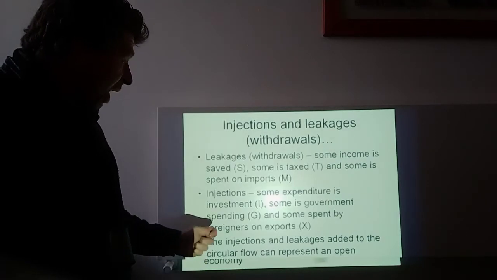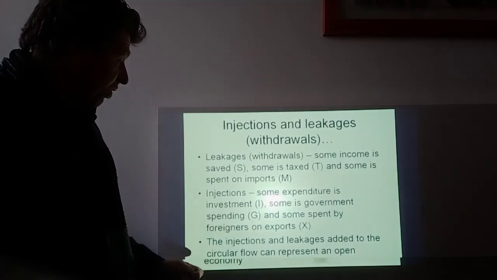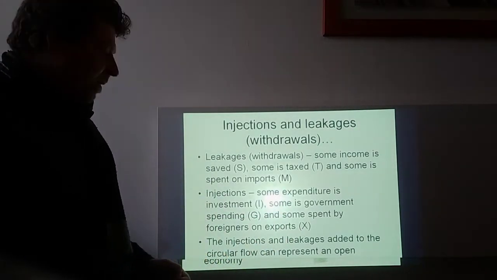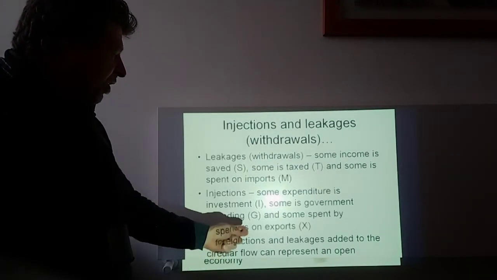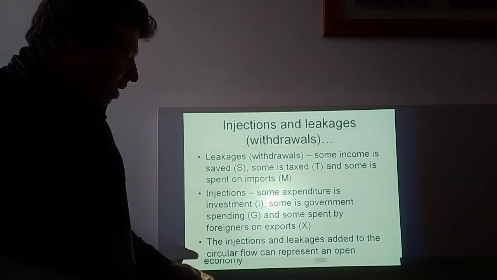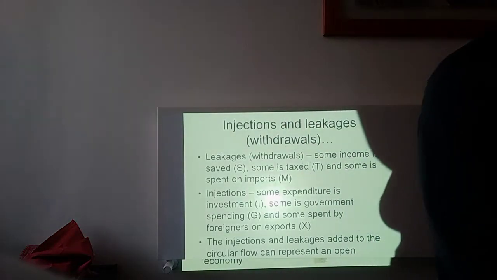And then also foreigners can spend in our economy on goods and services too. And normally that's represented by X. And so the injections and leakages added to the circular flow represent an open economy.